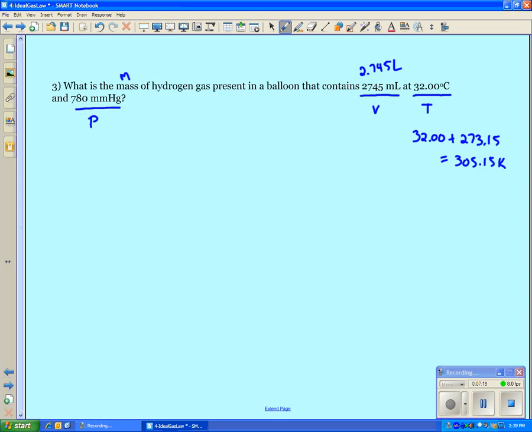We also need to convert that pressure so that we're in kilopascals. So 780 millimeters of mercury is going to have to be converted into kilopascals.